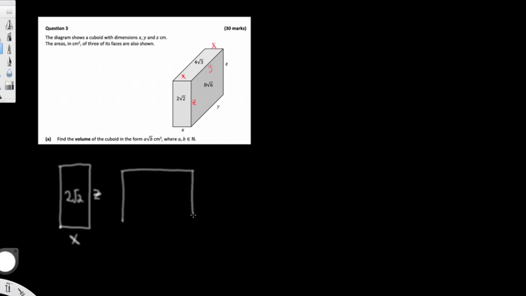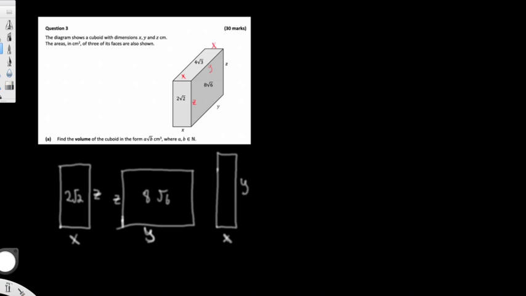Now the next thing I do when I have questions like this is separate out the sides. So this is the side which has an area of 2 root 2, and this is X and this one here is Z. And here's another side, this face here, so that's going to be 8 root 6 as the area, and this side here is Z and this side here is Y. And then the top one, I'm going to put it standing on the end like this.